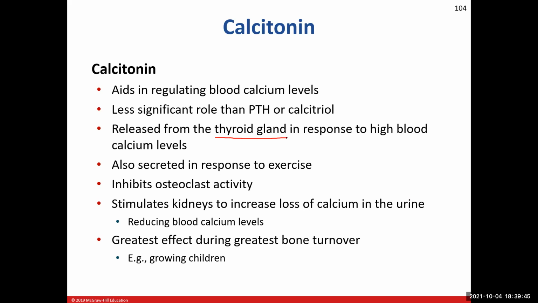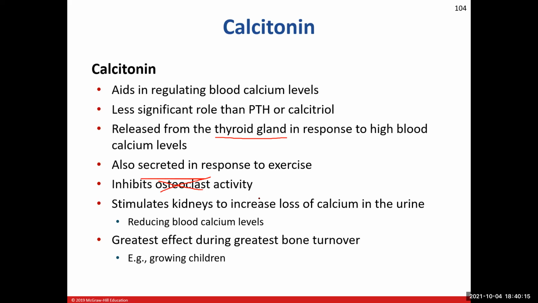And so when our blood calcium levels are too high, like we'll see when you're working out, exercising, for example, calcitonin gets released and it inhibits osteoclasts. So now they can't break bone down, so they can't release calcium into the blood. Not only have we inhibited the osteoclasts, we are going to tell the kidneys, hey, guess what? Our blood levels are high of calcium.